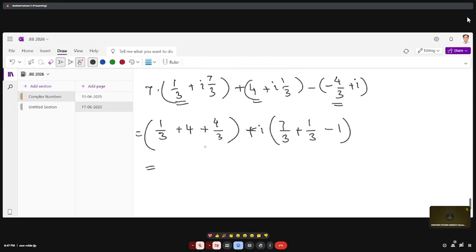Now you have to simply add them. 1 by 3, 4 and 4 by 3, if you add, that will become 1 plus 12, 13 plus 4, 17 by 3. So this 4 will be 12 by 3. Plus i into, here also if you put denominator as 3, this is 7 plus 1 minus 3. 7 plus 1, 8 minus 3 is 5.